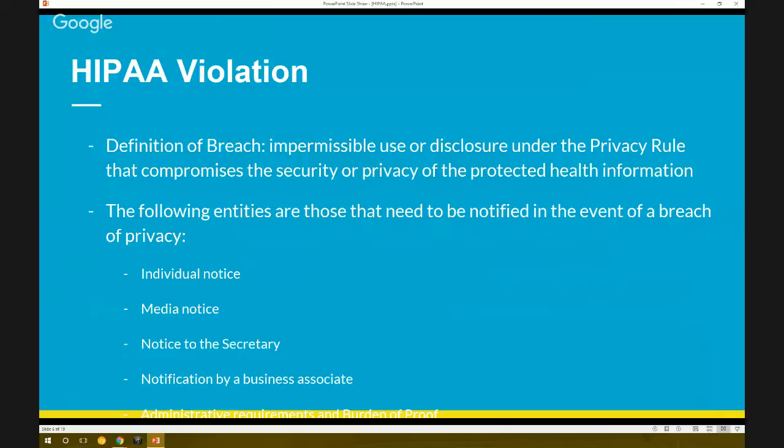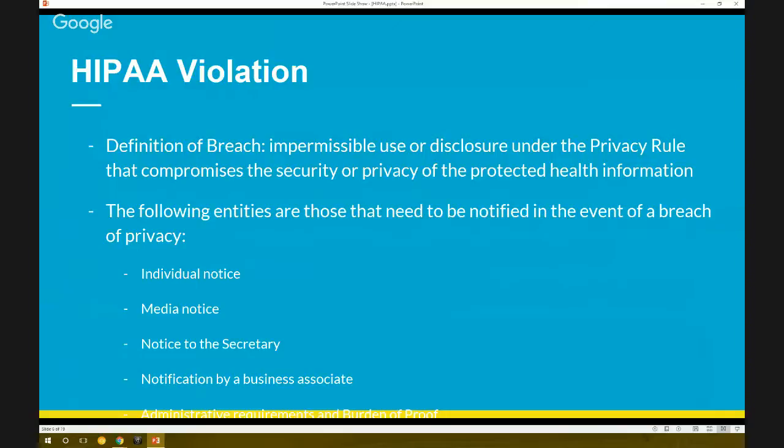Okay. So there are different violations of HIPAA. One is a violation of breach. That means that this is impermissible, which means they're not allowed use or disclosure under the privacy rule that compromises the security or privacy of the protected health information of the patient. The following entities need to be notified in the event of a breach of privacy: individual notice.